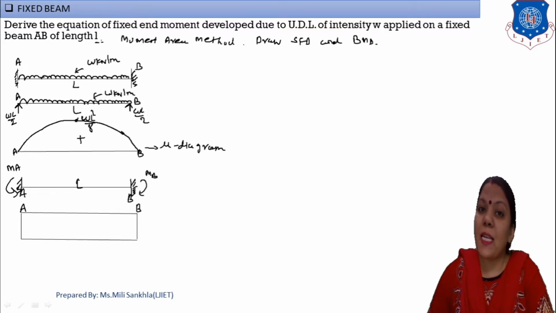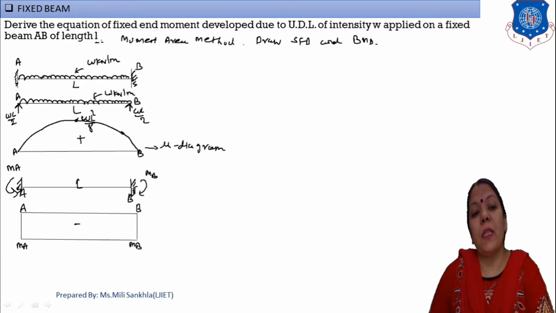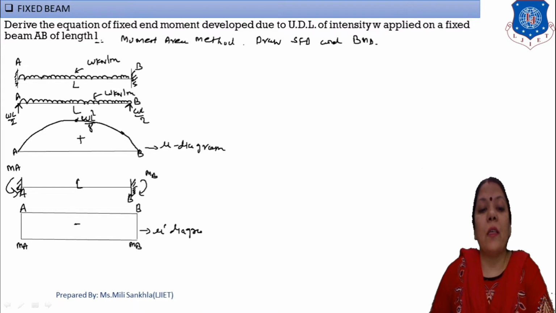Left side anticlockwise means minus, right side clockwise means minus. This overall diagram is minus, and due to symmetrical loading, MA is equal to MB. This diagram is known as the mu dash diagram.